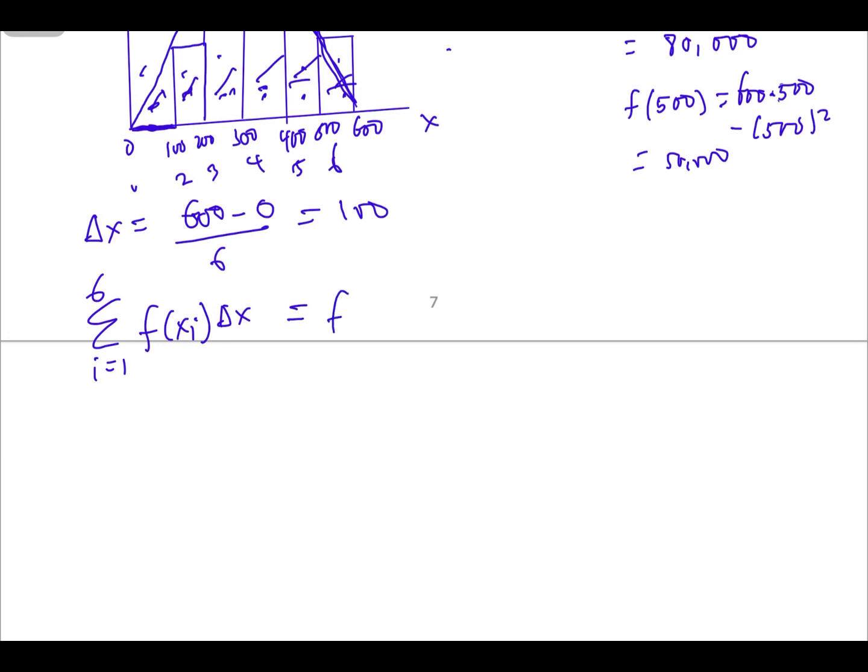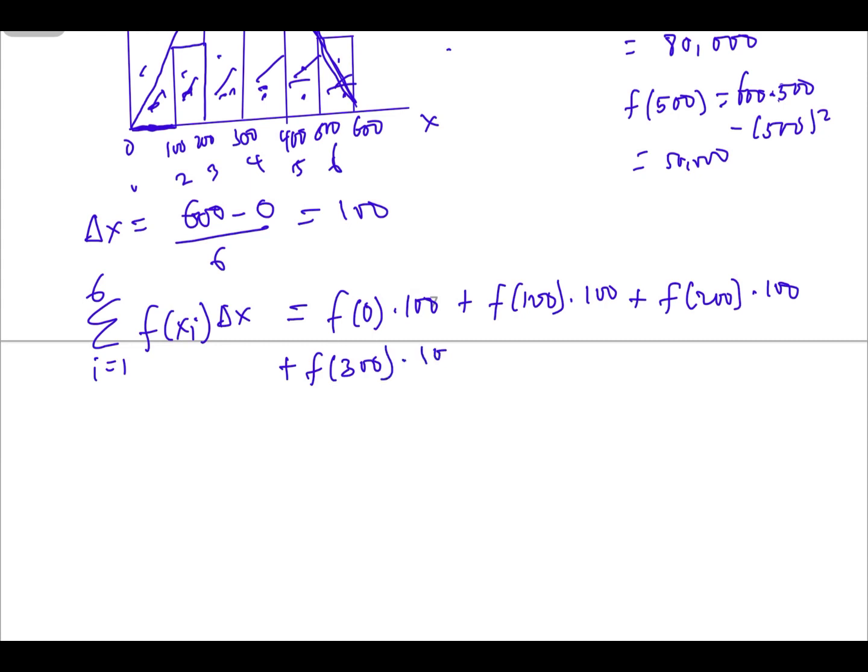Therefore, we are going to get f of 0 multiplied by the interval, which is 100, always constant, plus f of 100 multiplied by 100, plus f of 200 multiplied by 100, plus f of 300 multiplied by 100, plus f of 400 multiplied by 100, plus f of 500 multiplied by 100.